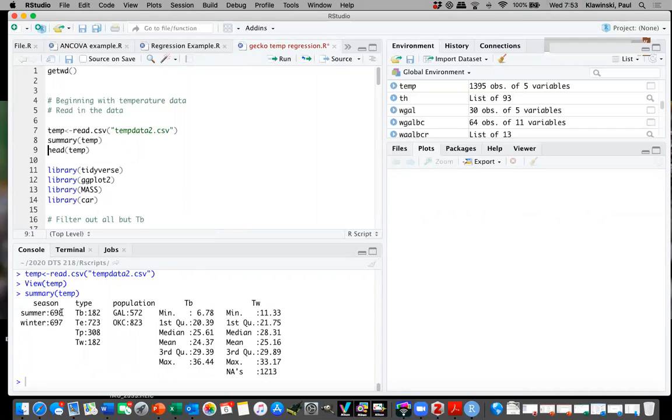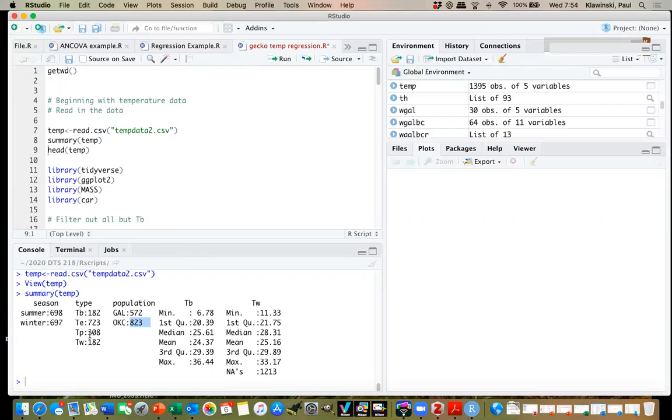So you have 698 geckos collected during the summer, 697 collected during the winter, 572 of these were from Galveston, 823 of them were from Oklahoma City. The researcher who works on geckos at the University of Central Oklahoma is probably very upset at me that I've taken 823 geckos from her population, but I can't really worry about that.